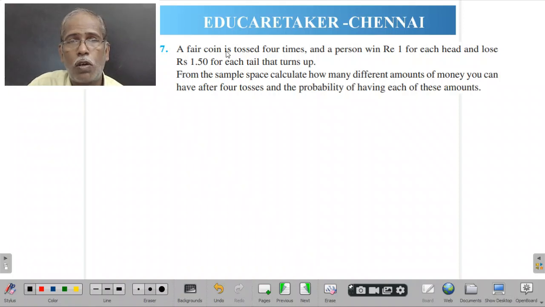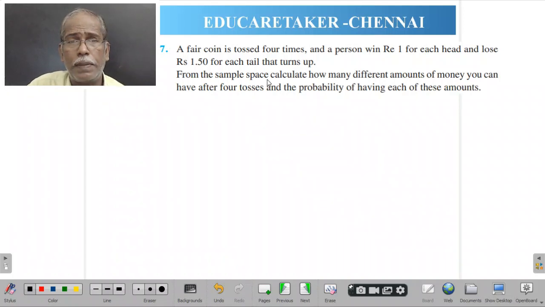So a fair coin is tossed 4 times and a person will win ₹1 for each head and lose ₹1.50 for each tail that turns up.